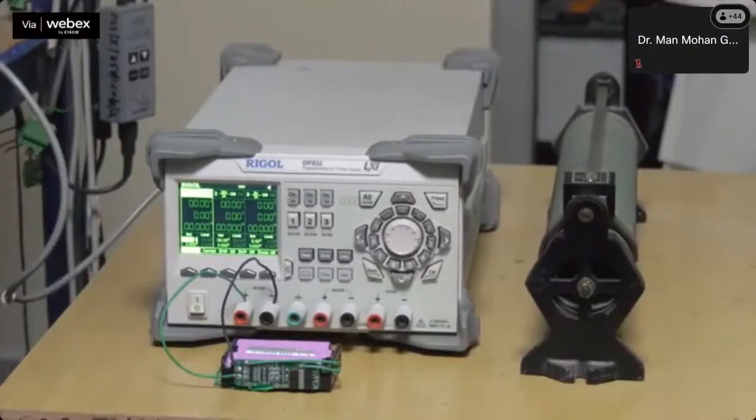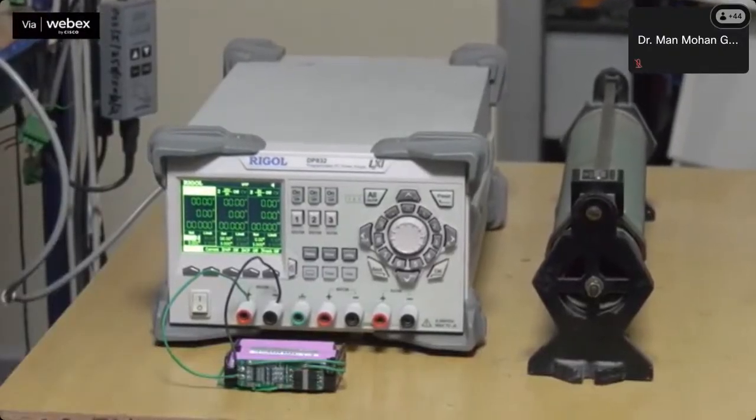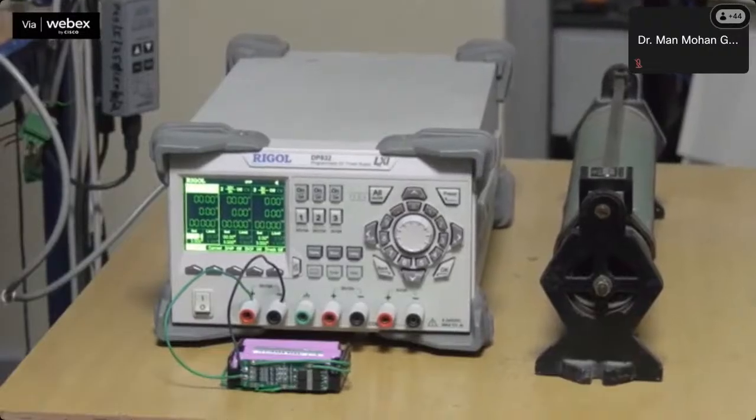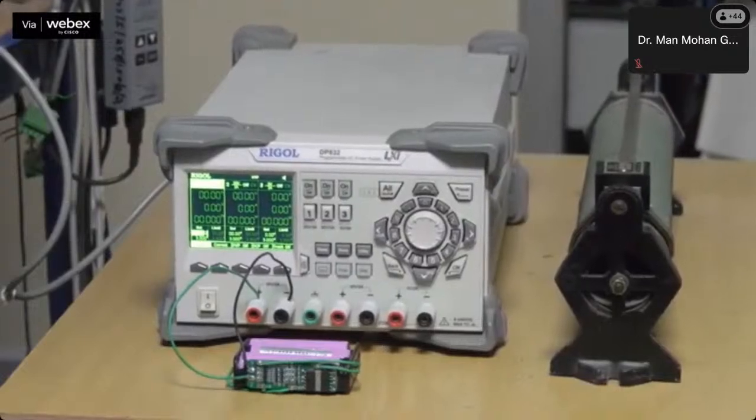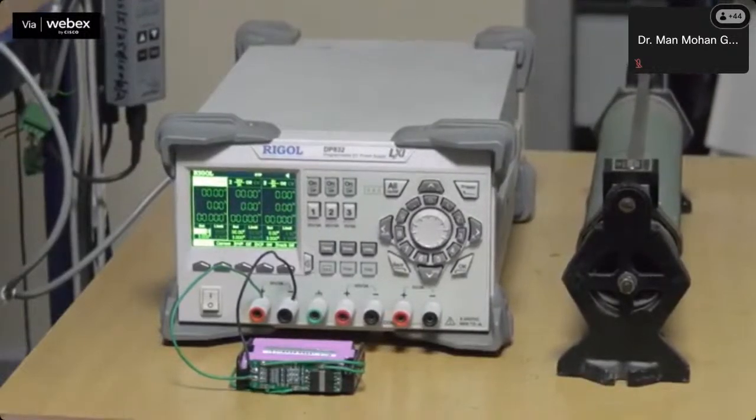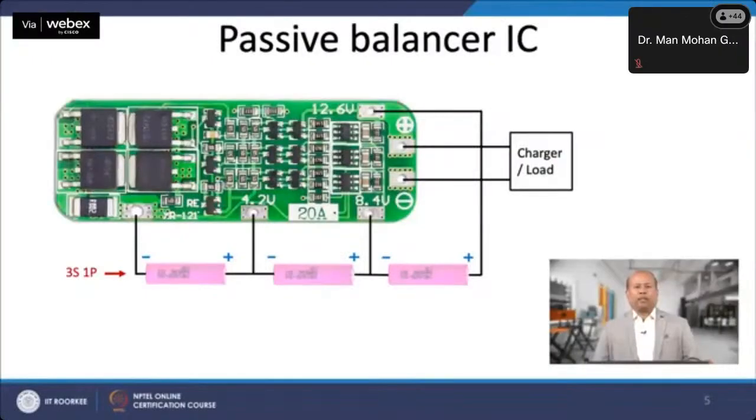3 18650 lithium ion cells of 3000 milliampere hour capacity with a nominal voltage of 3.7 volt each are used in this experimentation. The lithium ion cells are connected in series combination to make up to 11.1 volt. The passive balancer IC has specifications of 3S, 20 ampere and 12.6 volt maximum.